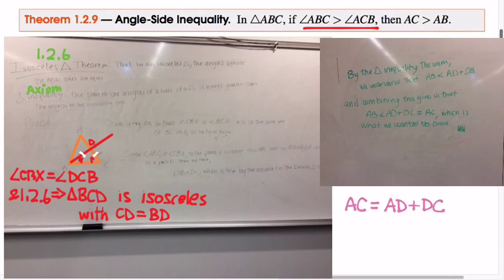How do we know that the distance from A to C is exactly the same as the distance from A to D and then from D to C added together? Because it's greater than AB. Well, no, but that's what we're trying to conclude from here, right? How do we know that those two distances add up to that distance in our figure?